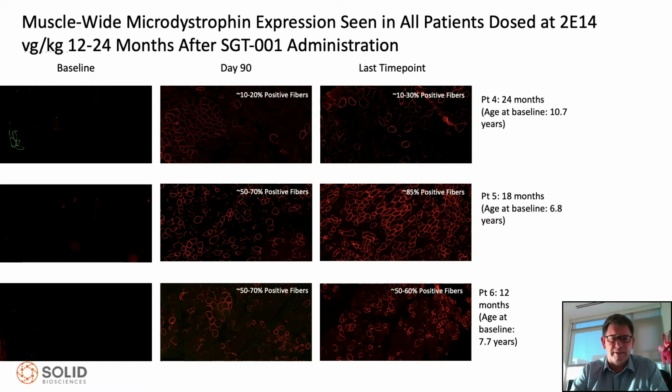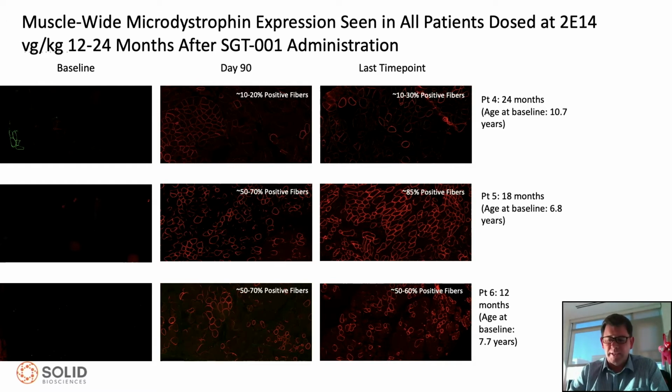As you can see here, in all 3 patients in the high dose cohort, even out at the later time points, we're getting a good, positive, widespread distribution of microdystrophin positive fibers. So out to 24 months in patient 4 and 12 months in patient 6, we're looking at levels of 10 to 30%, up to 85% positive fibers in these patients.